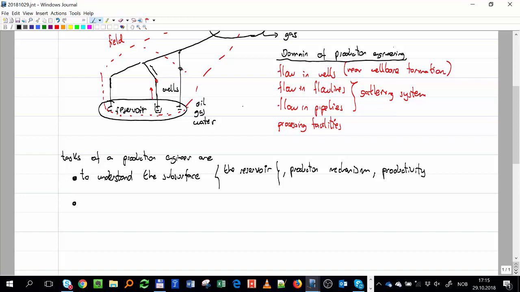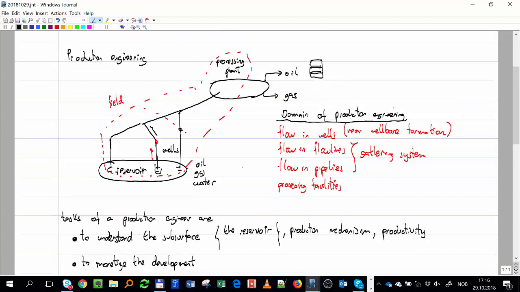Okay? The second thing is to monetize the development. It's not only enough, sometimes you have a very big accumulation and a very productive reservoir with good characteristics. But the problem is that the place to connect it to a market is far away.